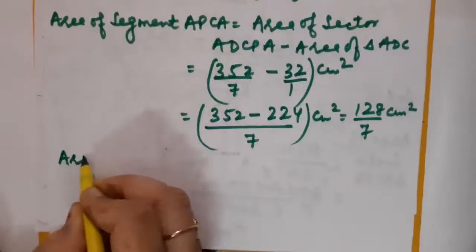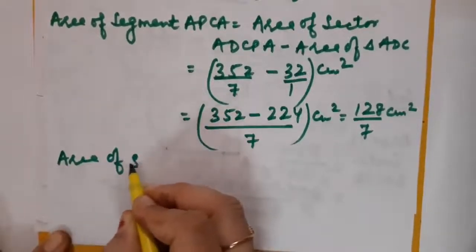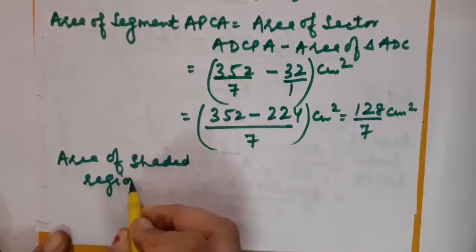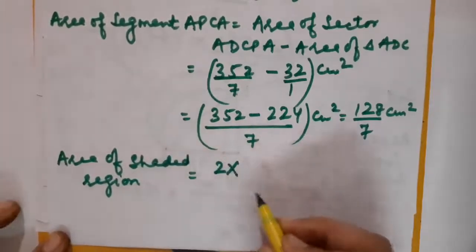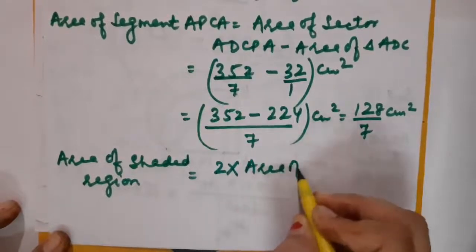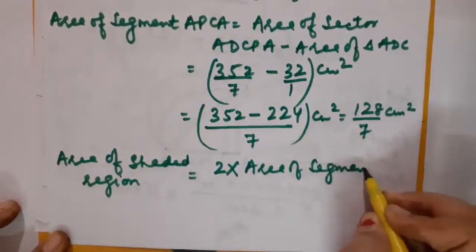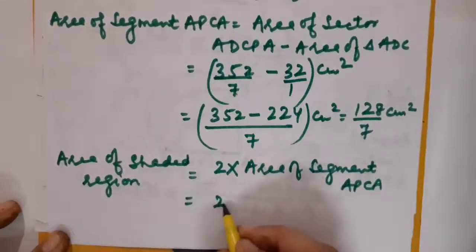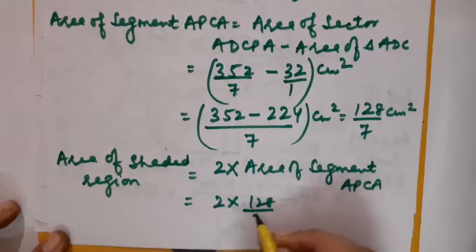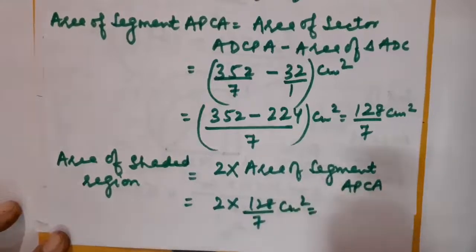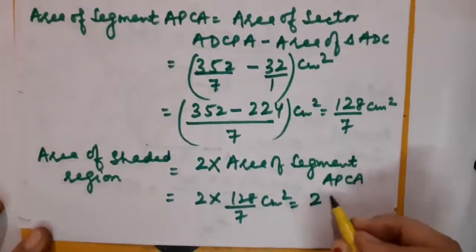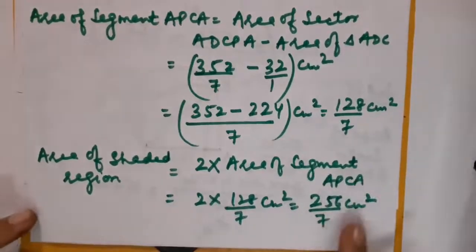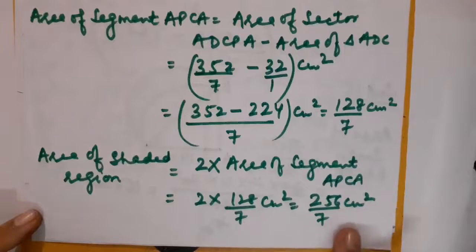Area of the shaded region, you can also write area of design, that depends on you, is equal to 2 into area of segment APCA. Okay. So 2 into 128/7 centimeter square. So the answer will be 256/7 centimeter square. This is the area of the complete design.